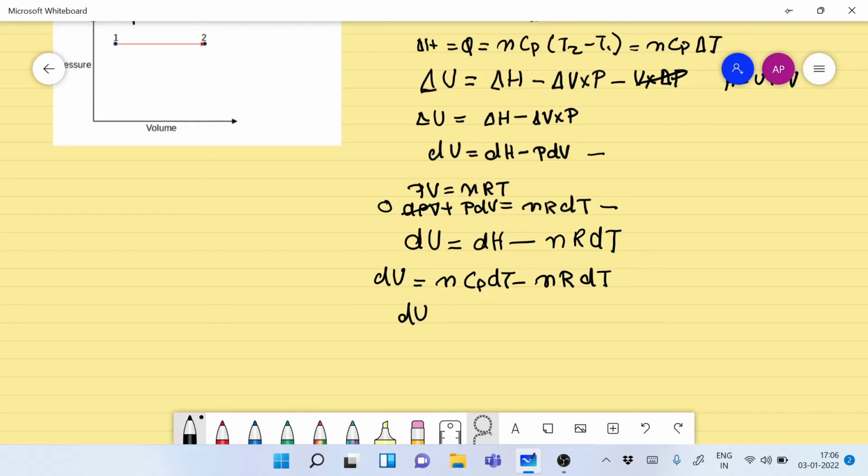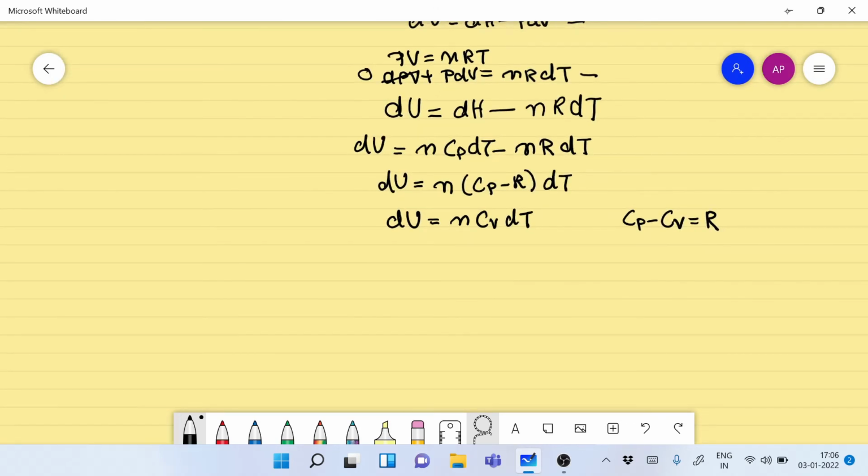Collecting the like terms, we get dU is equal to n (Cp minus R) dT. Therefore, dU is equal to n Cv dT, since Cp minus Cv is equal to R for an ideal gas.